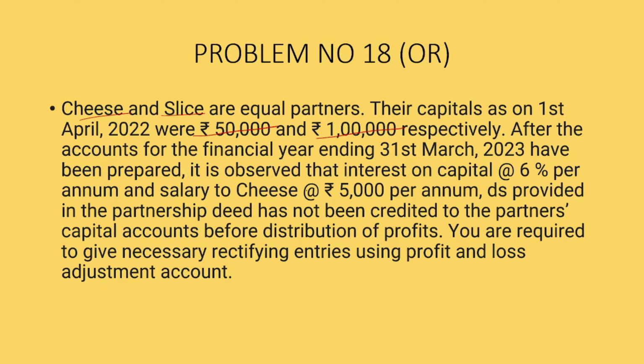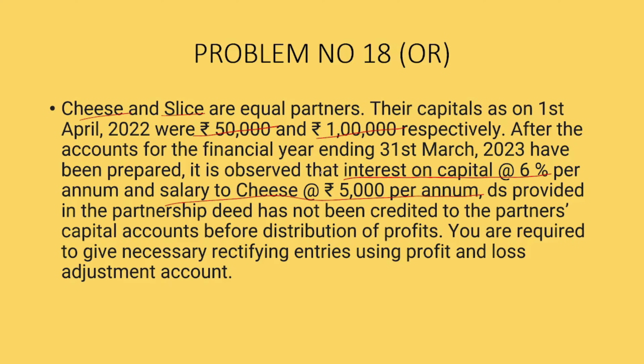After the accounts for the financial year ending 31st March 2023 have been prepared, it is observed that the interest on capital at the rate of 6% per annum and salary to Cheese at the rate of 5,000 per annum, as provided in the partnership deed, has not been credited to the partners' capital accounts before distribution of profits. You are required to give the necessary rectifying entries using profit and loss adjustment account.